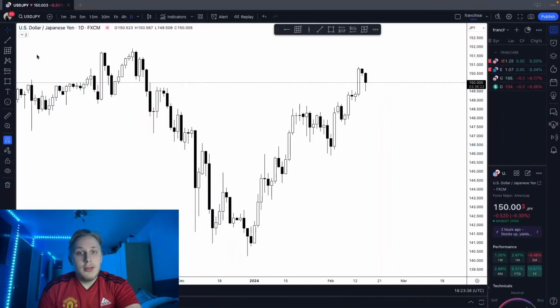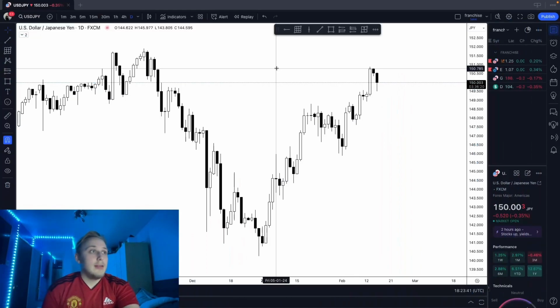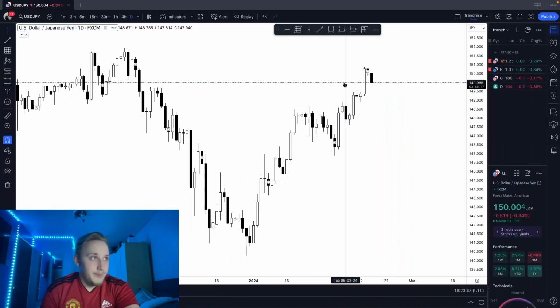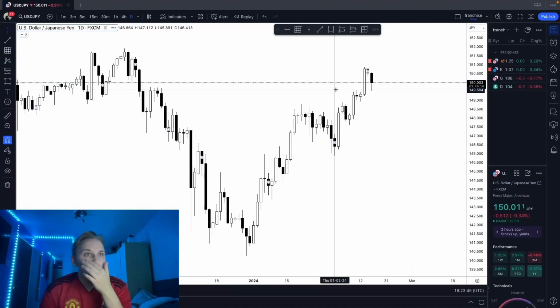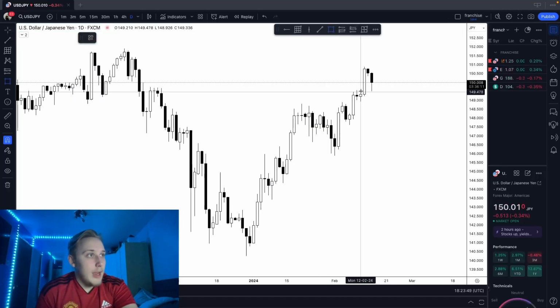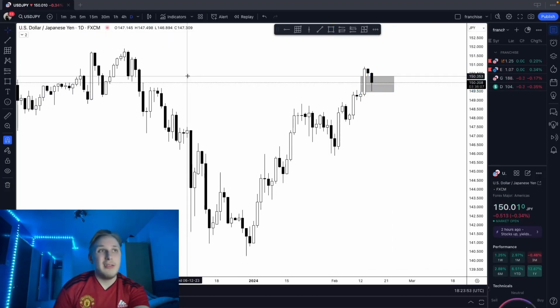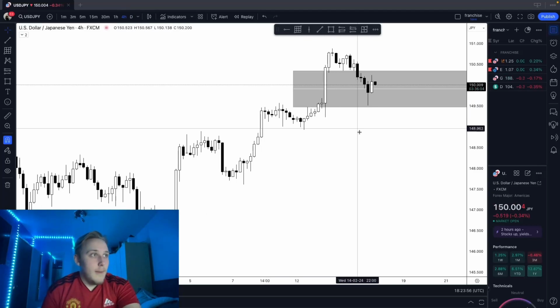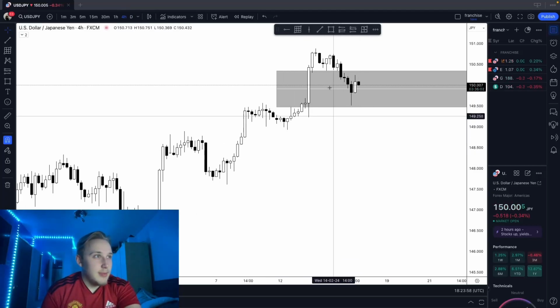Starting off with the daily time frame, as you can see, we have broke above this high, which is bullish. I almost said bearish then because the 4 hour and the hour are bearish coming into today's price.